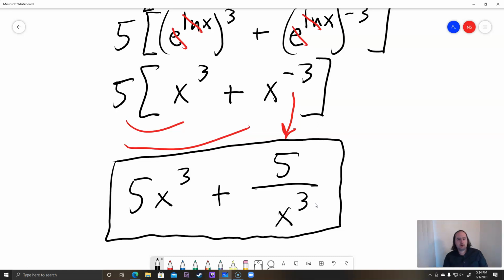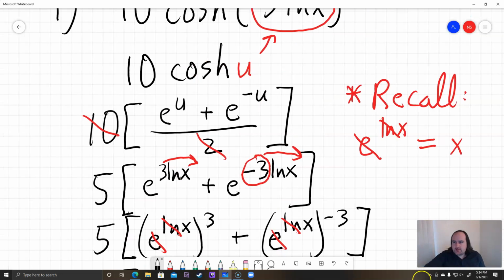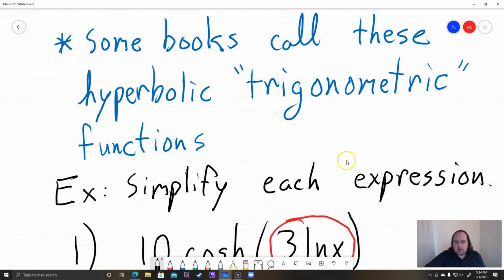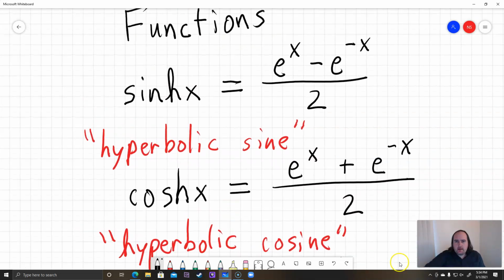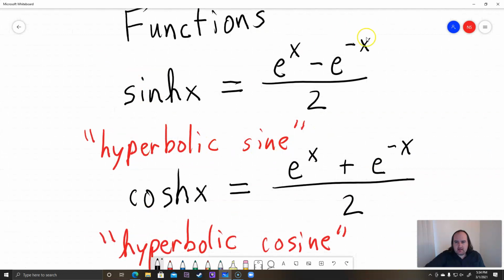Okay. So there's another one in your homework that is very similar to the one we just did. So I'm probably not going to do an example of that one, but that one is actually in terms of sinh instead of cosh. So for your second homework problem, just remember that the definition of sinh is slightly different, but it's almost the same as what we just did.